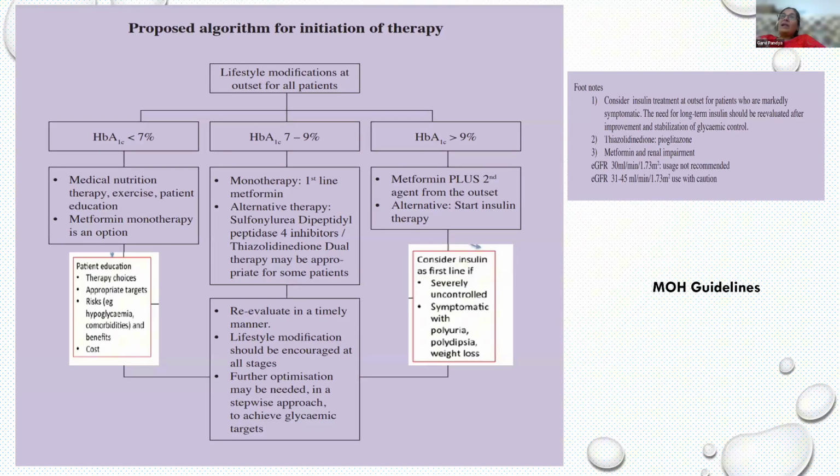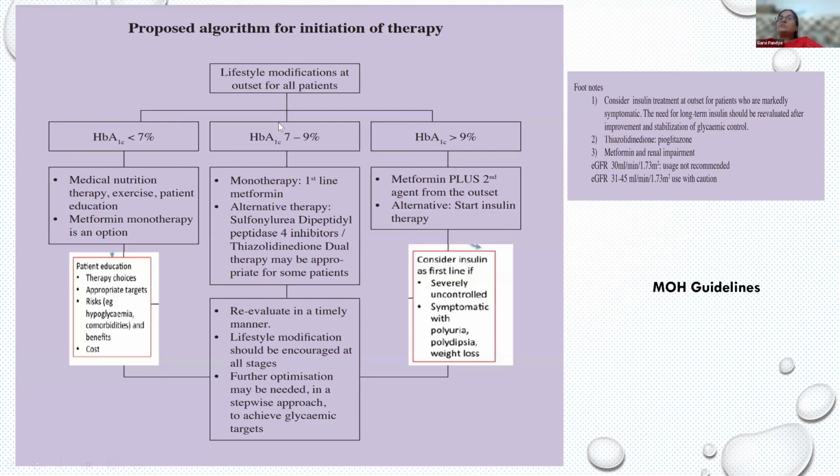So this is our guideline by the MOH on how we should approach diabetes. If the patient has HbA1c less than 7%, then we just ask them for lifestyle changes and non-pharmacological management. Metformin monotherapy is an option. Again, discussion with the patient is preferred, and we decide based on shared decision making with the patient.